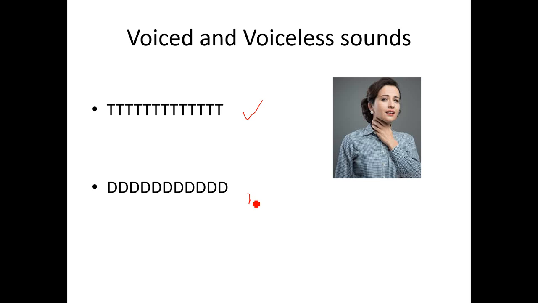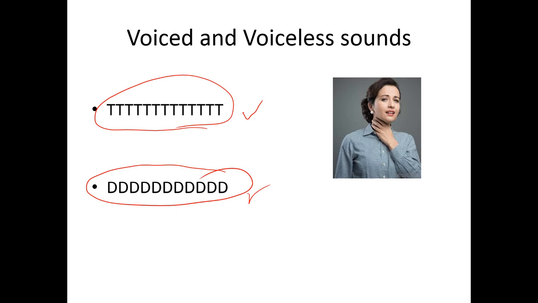Now let's do the D sound. D, d, d, d, d, d, d. Now we can feel that for the T sound, that's voiceless. And for the D sound, that's voiced, which means it's moving inside your throat.